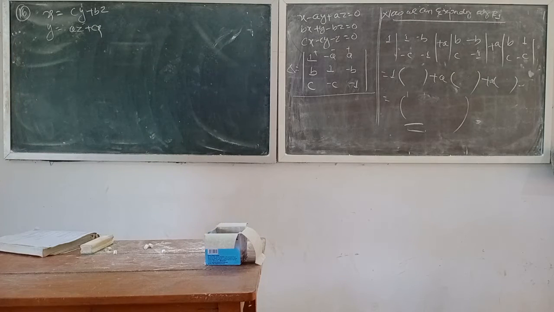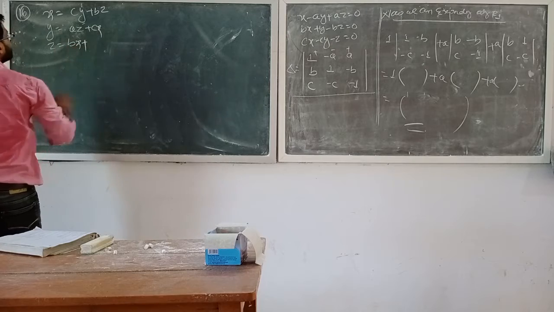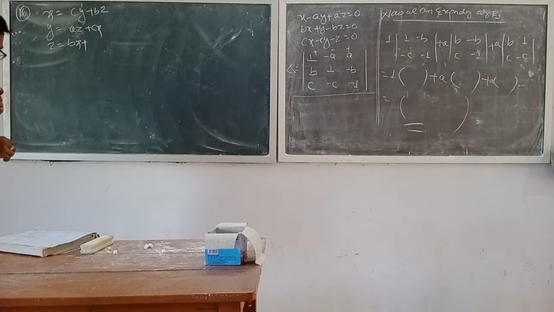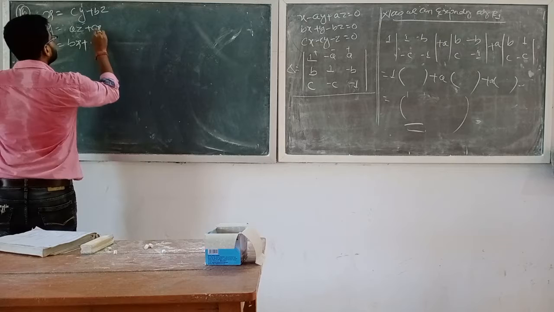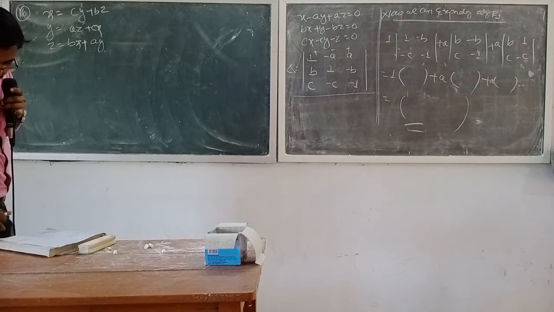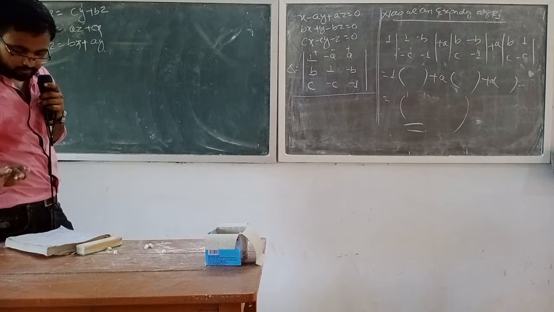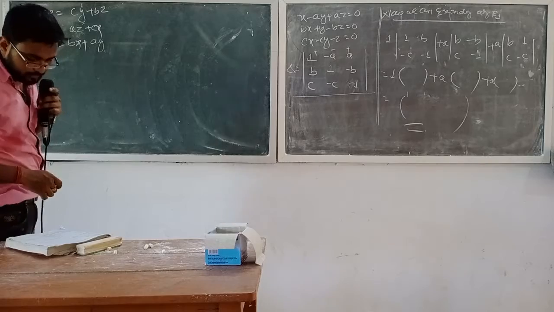And the third equation will be given, z equal to bx plus ay. Where x, y, and z are not all 0, you have to prove that.